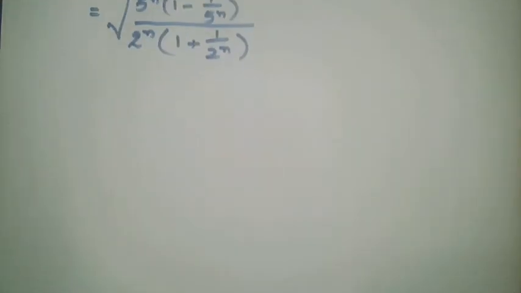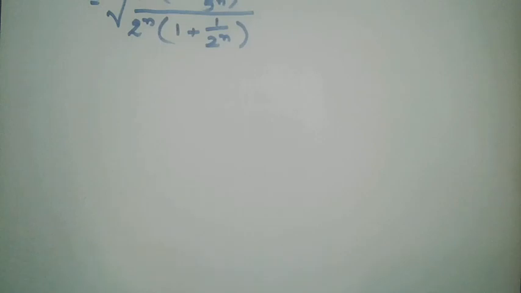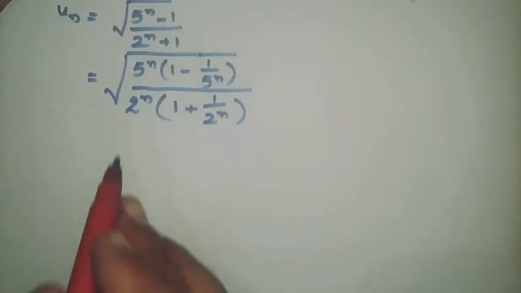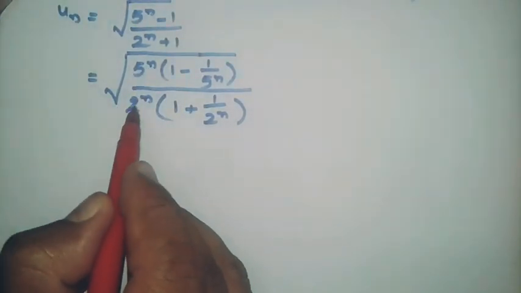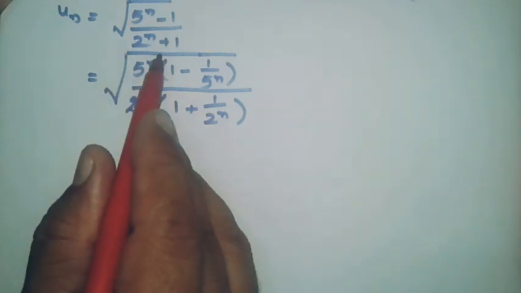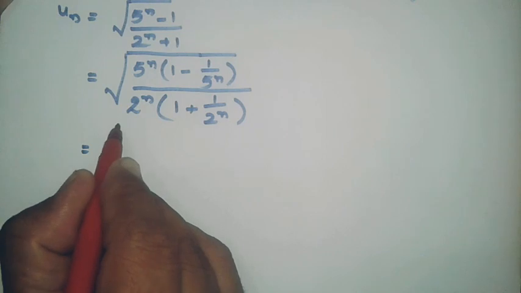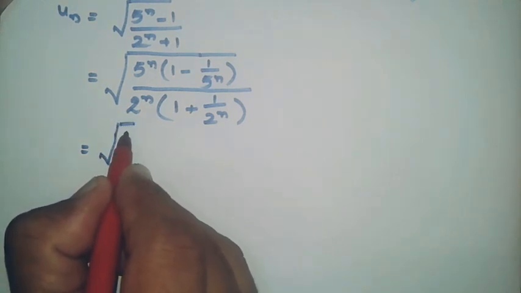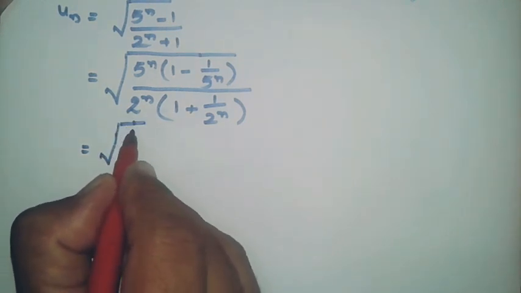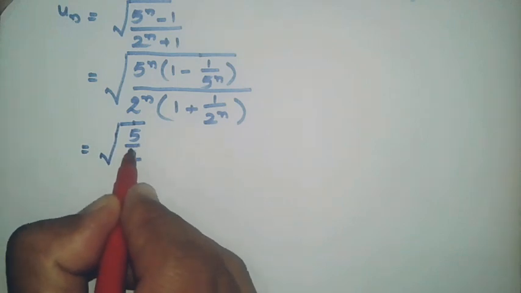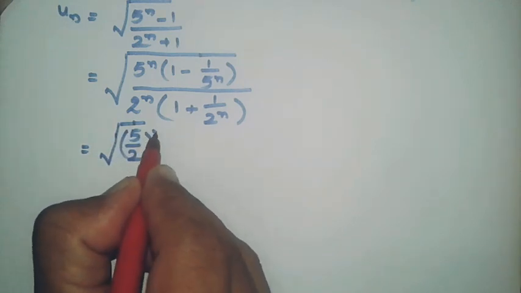Now we shall take this 5 to the power of n, 2 to the power of n, and along with it the square root as a separate term. So we are considering 5 by 2 whole to the power n.